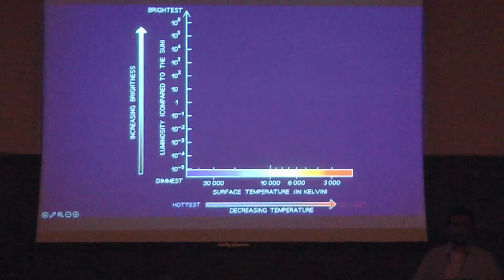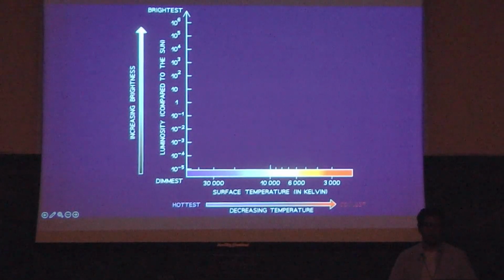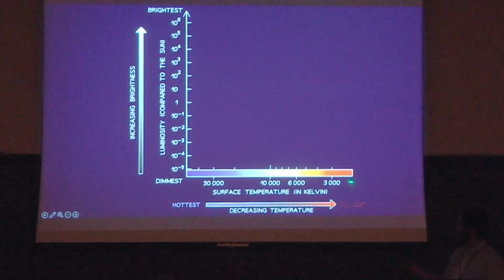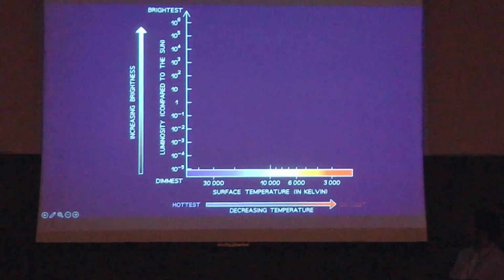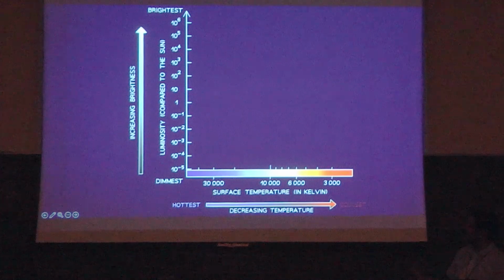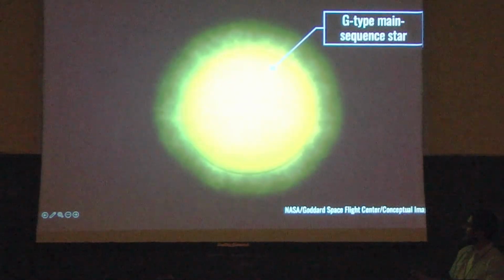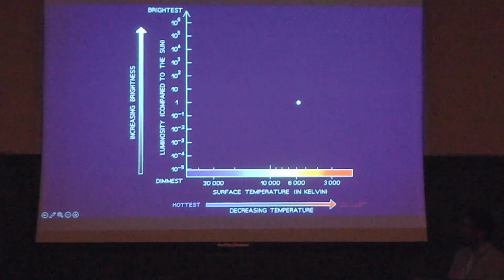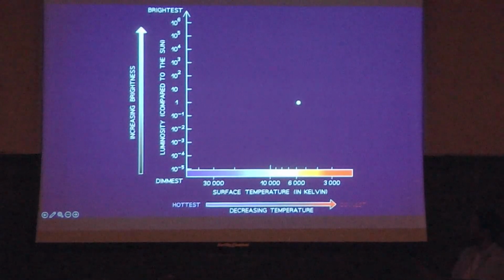So if we were to create a plot where we have surface temperature on the x-axis and luminosity on the y-axis, as we go up in this direction, we have brighter and brighter stars. So one here is our sun, because we like to do everything relative to us, relative to our solar system.